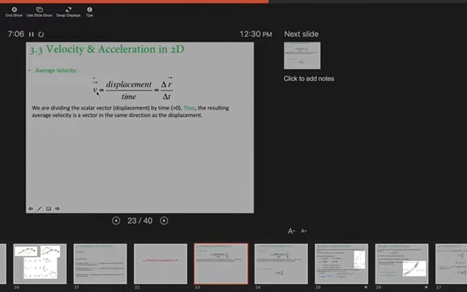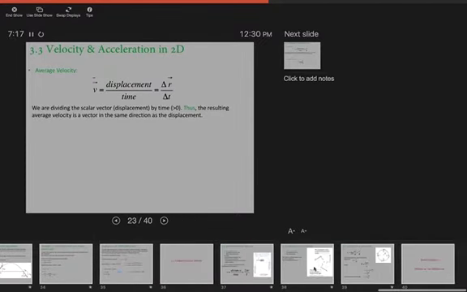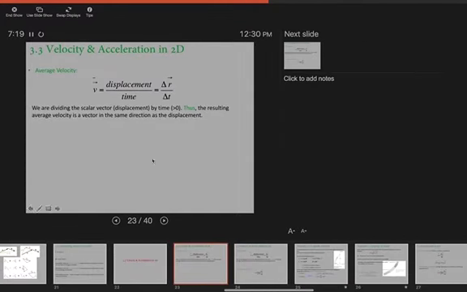From chapter 2 we know that the average velocity is the displacement, which is delta x if you remember, over delta time. But in this case I cannot just say delta x. Why? Because in this case we have delta x and delta y, both, because it's two dimensions.